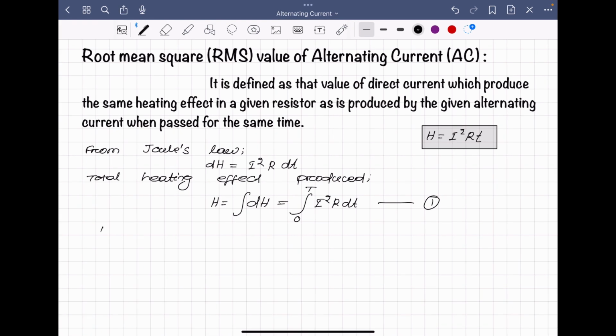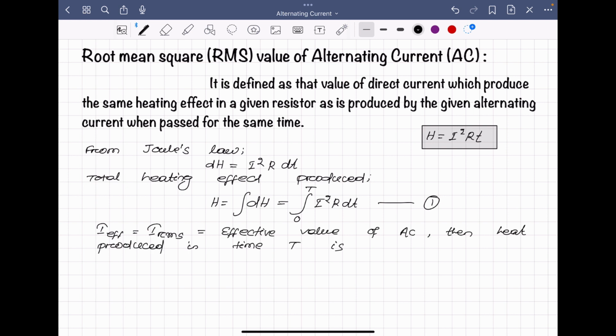If I effective, or you can also write I RMS, is the effective value of AC, H can be written as I RMS square R T. Let it be equation 2.